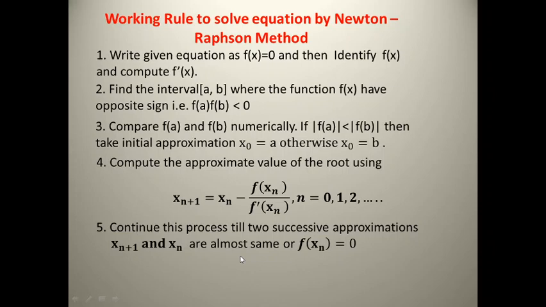Or, as soon as we get an approximation xn to the root, find its value: if f of xn is 0 or approximately equal to 0, then we have the root and the process must be stopped there.